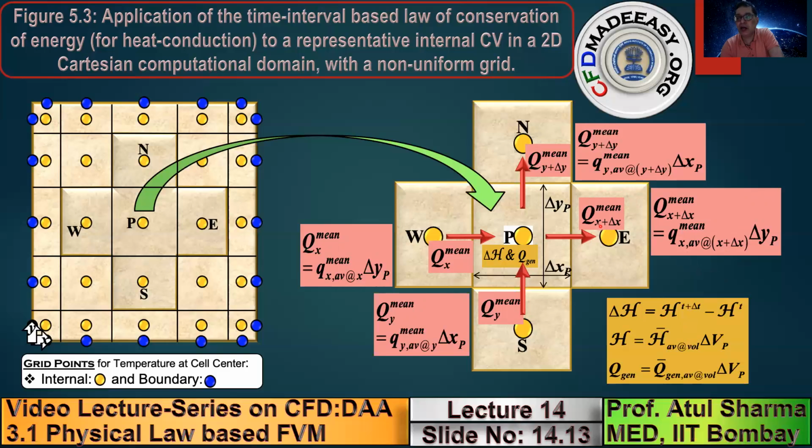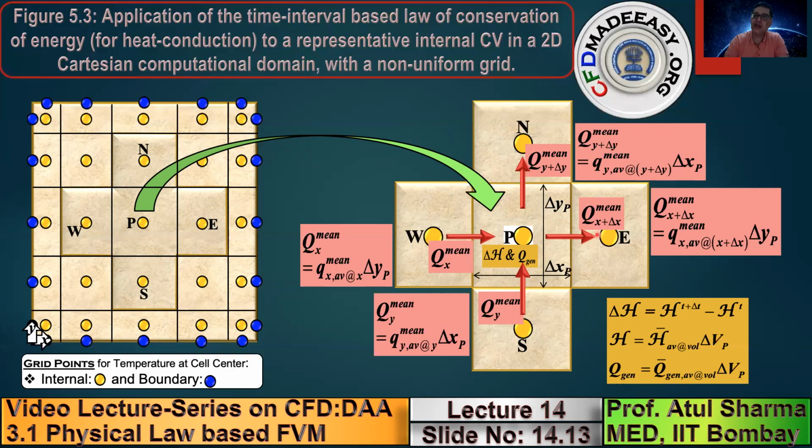Let us suppose this enthalpy is varying point to point in a volume. I am trying to express it here by one value, because when I want a discrete representation, I want one point in the volume for enthalpy and heat generation, and I want one point on a surface for the flux term, the conduction heat flux here.